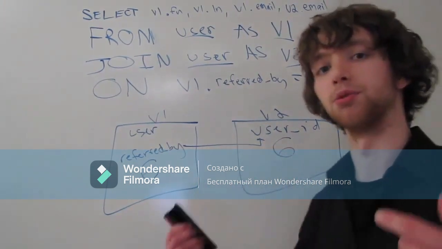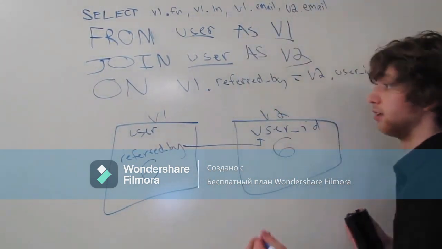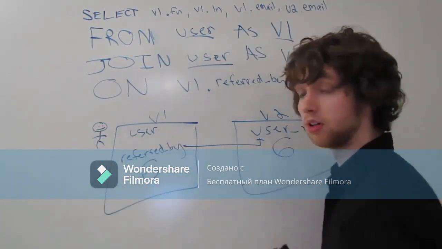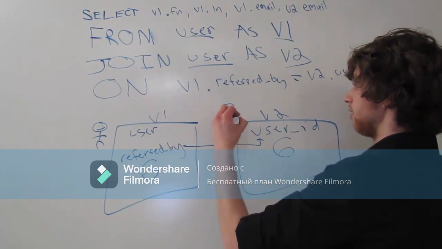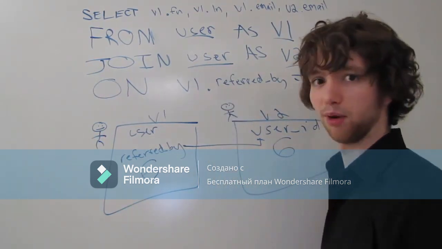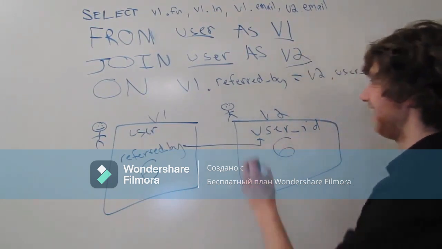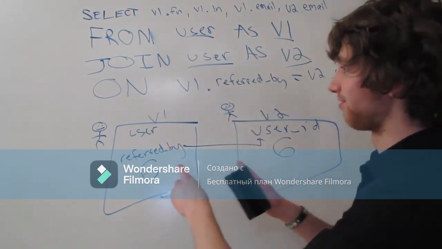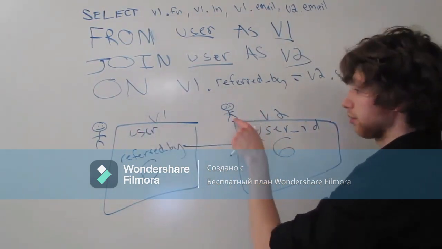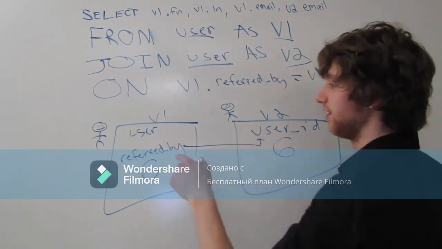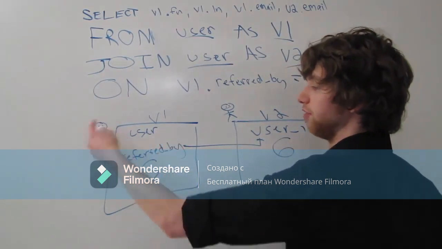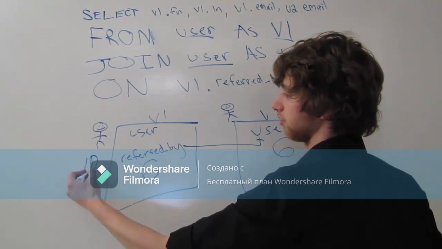If you need more practical data to understand this, imagine we have this guy over here, and his name's Samuel, and we have this other guy over here who referred Samuel. That means Samuel's row is going to have the referred by value of 6 within this user row with the user ID of, let's say, 12.